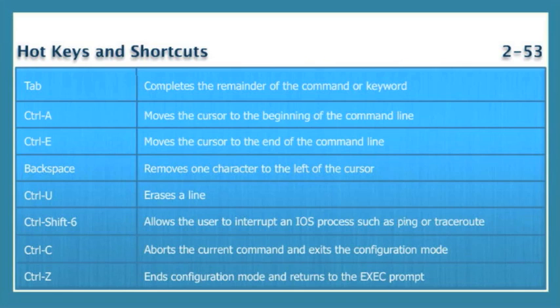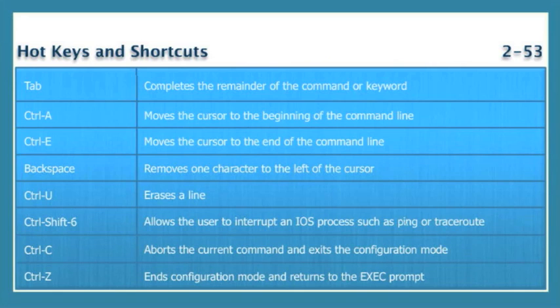Control E moves us to the end. Backspace erases one character at a time. Control U erases the entire line. Control Shift 6 is a way to interrupt a process. Control C aborts. Control Z brings us back to the main configuration mode.